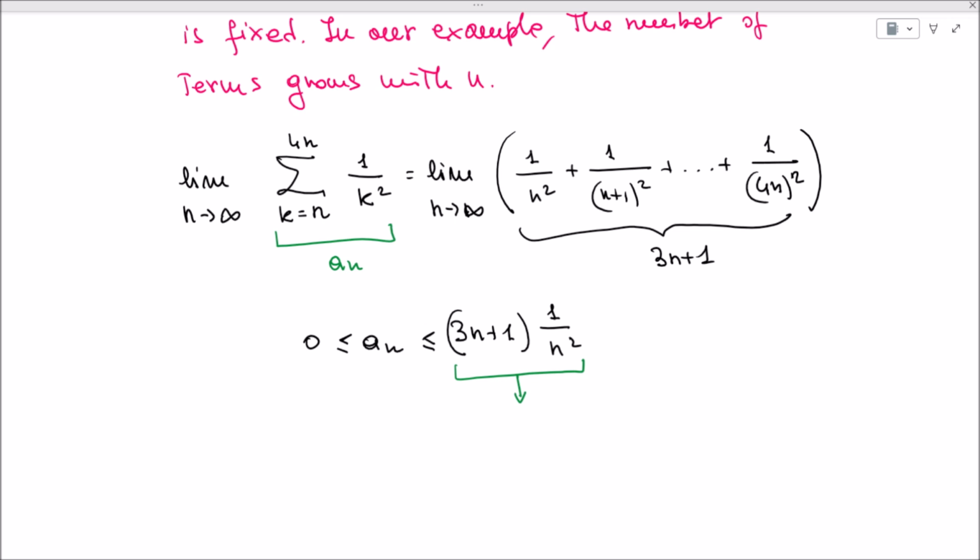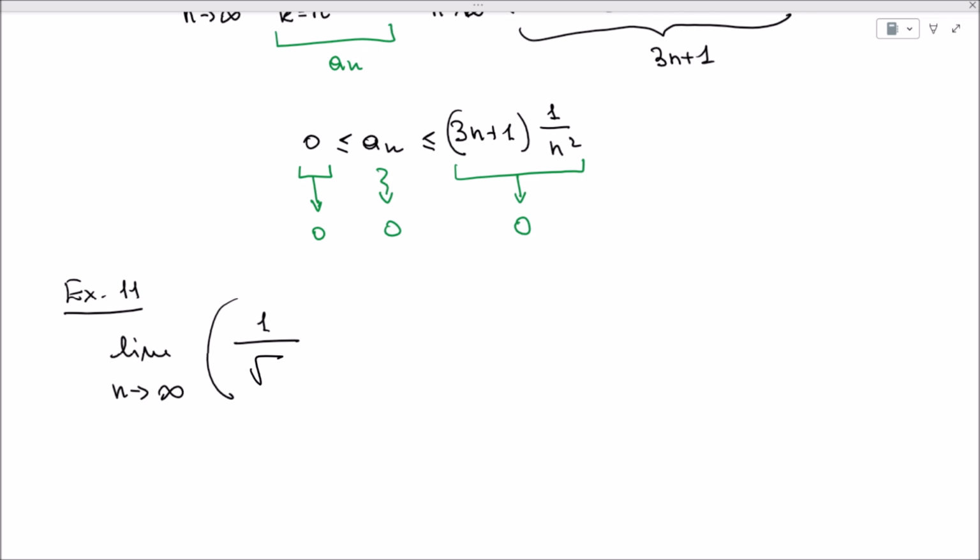Okay. Let me give you another example of a similar limit. So this will be example 11. Okay. So the limit as n goes to infinity of 1 over the square root of n plus 1 over the square root of n plus 1 plus dot dot dot 1 over the square root of 4n.